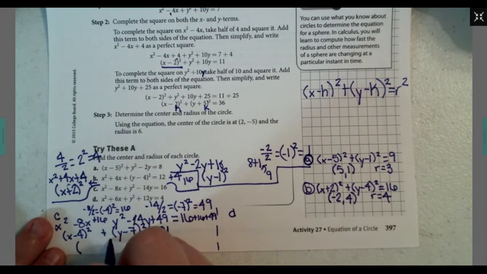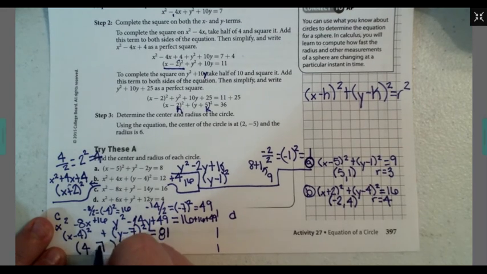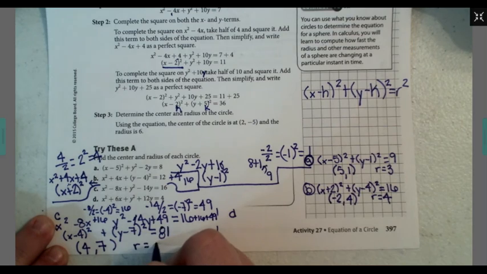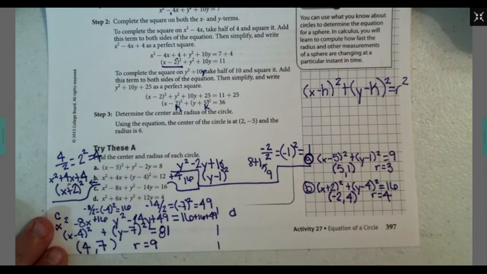So center is going to be 4, 7. Radius is going to be 9 because I'm going to take the square root of 81.